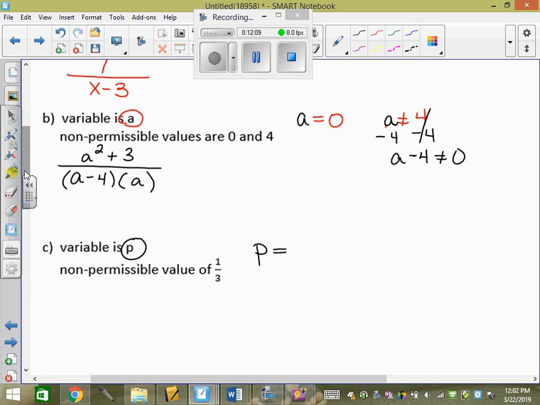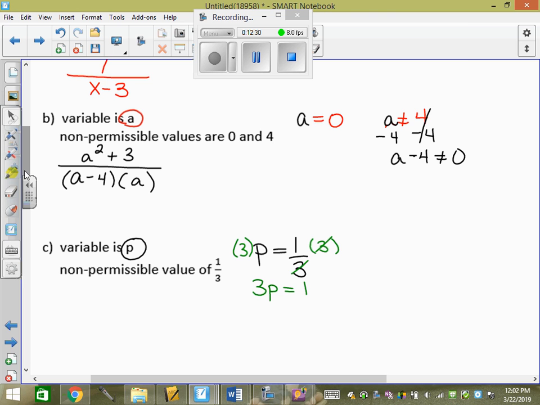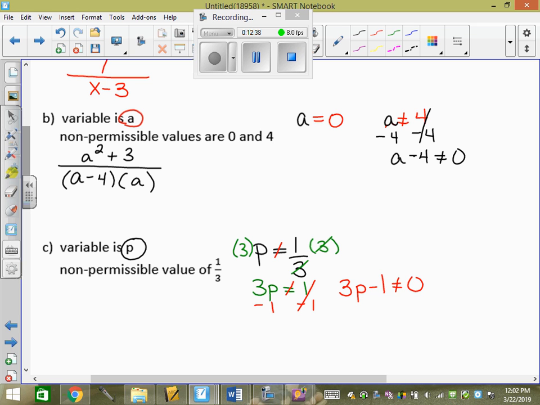Okay, this one is p equals a third. You can't go p minus a third. How do we undo the third? Multiply by the 3. 3p equals 1, and then minus 1. 3p minus 1 cannot equal 0.